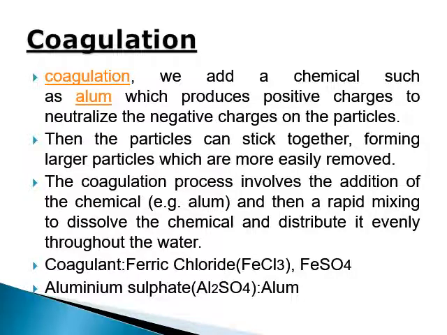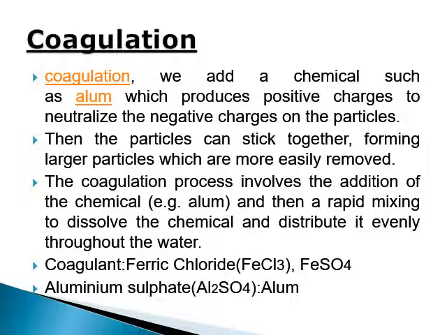In coagulation, we add chemicals such as alum, which produces positive charges to neutralize negative charges on the particles. Then the particles can stick together, forming large particles which are more easily removed.